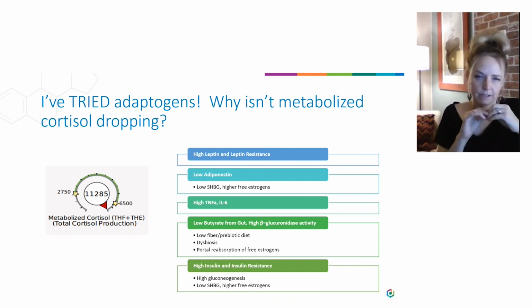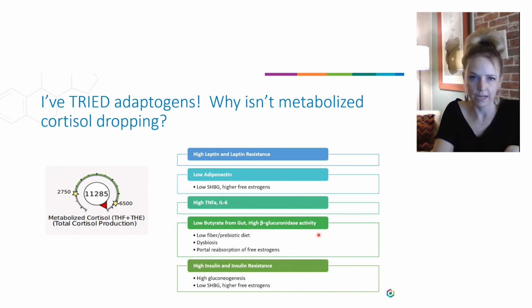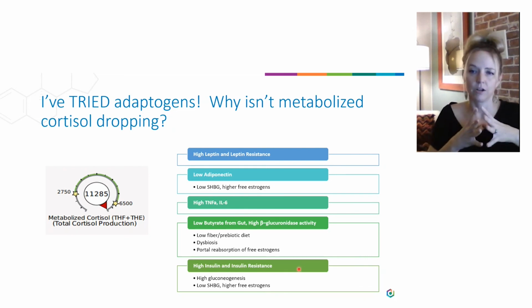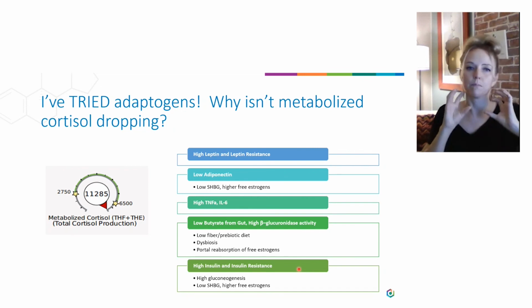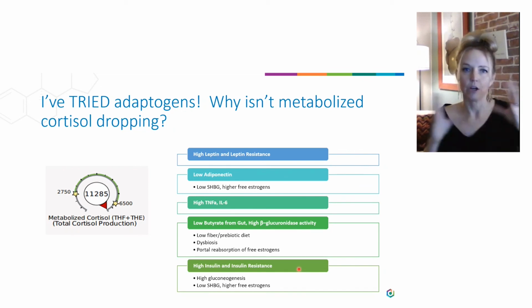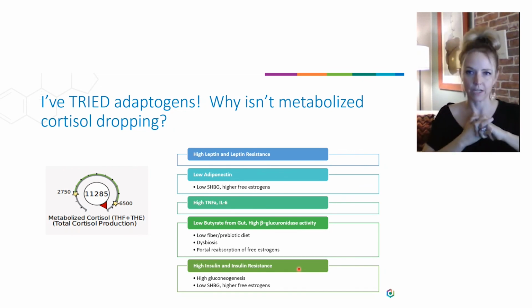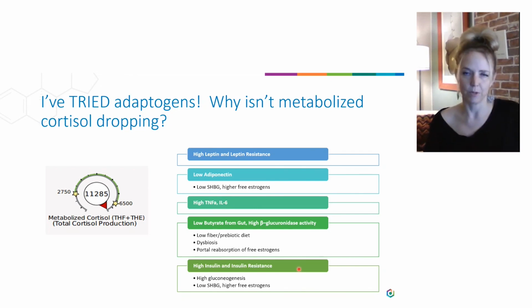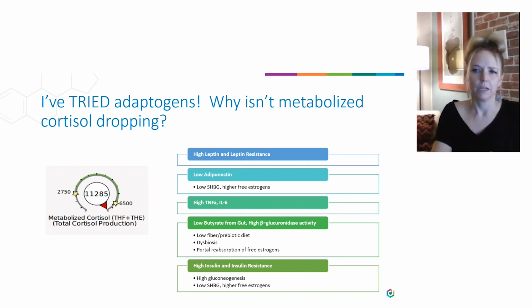So all of these here, the high leptin, low adiponectin, the high inflammatory cytokines, the dysbiosis, the insulin resistance, all of these things are pushing the metabolized cortisol higher and pushing that 11 beta HSD activity up. Adaptogens are simply modulating the HPA axis, and some of them have some mitochondrial support as part of what they do.